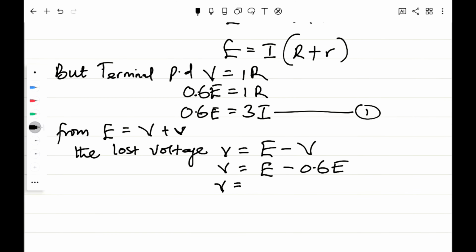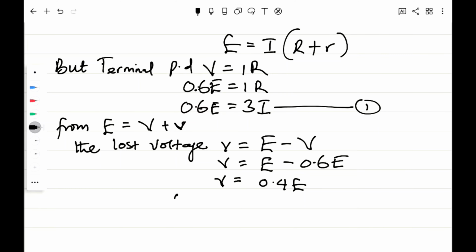Let's assume that E is equal to 1, so that v is equal to 0.4E. Therefore, we can say that Ir is equal to 0.4E. Let's label this as equation 2.